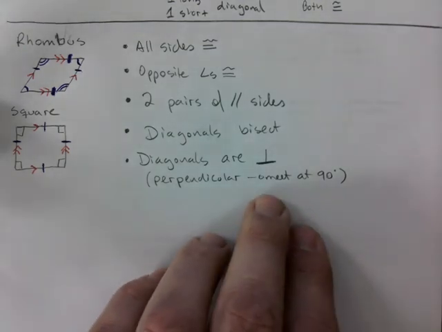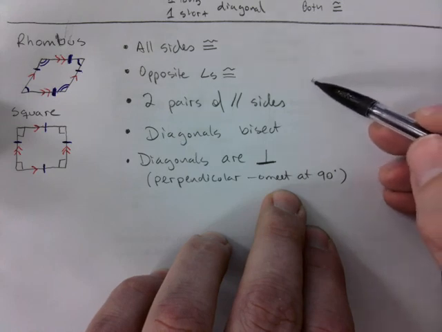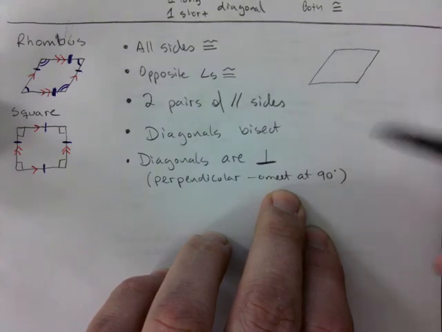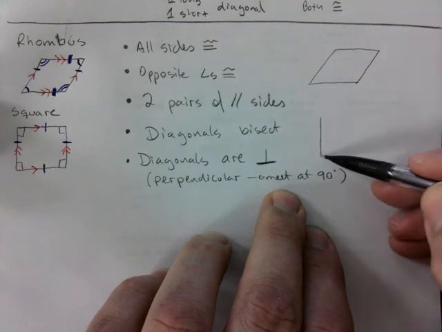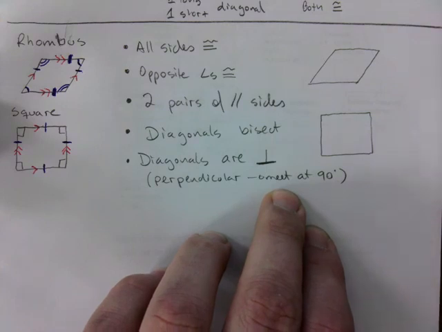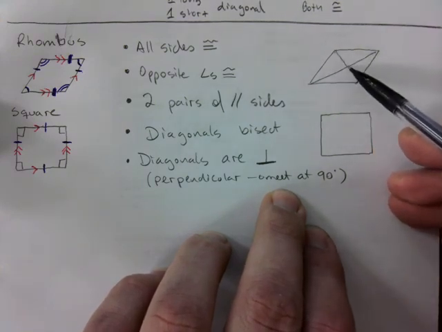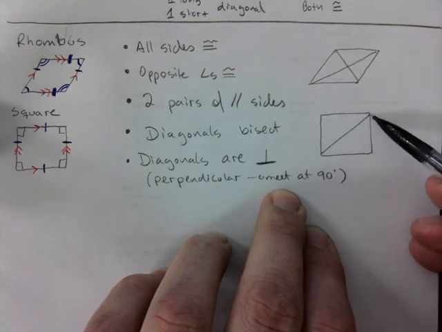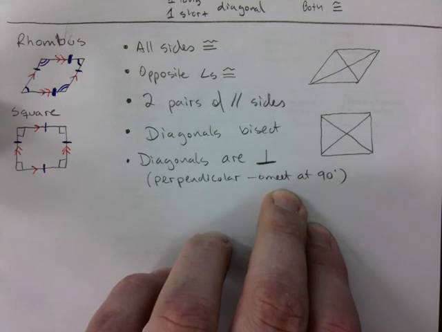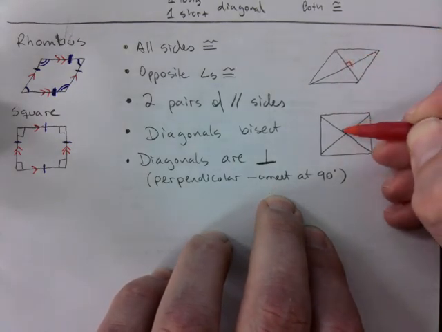Okay. And so we're going to make 2 diagrams here again. So draw a rhombus real quick. And a square. And all we're going to focus on is the diagonals here. Draw the diagonals just like that. And then watch this. It's very important that you know that these meet at a 90 here.